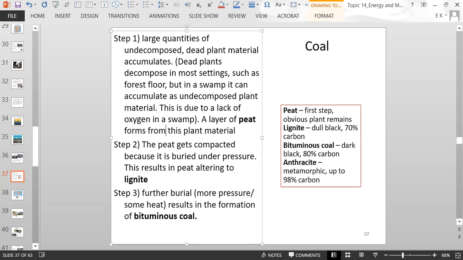And then further burial, more pressure, and some heat from being buried underground is going to form bituminous coal. Now, we do also have a metamorphic coal, which is called anthracite.